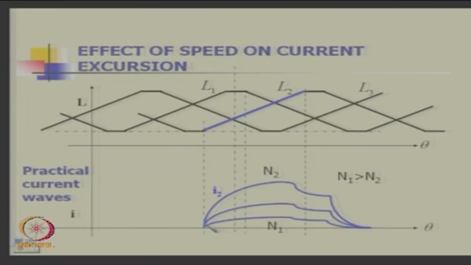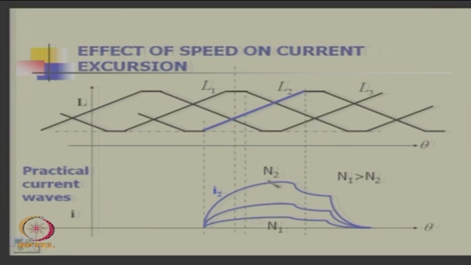Therefore, for the same voltage, the current responses will be different for different speeds. When the speed is high there will be more opposing voltage, so current will be less, is it not.